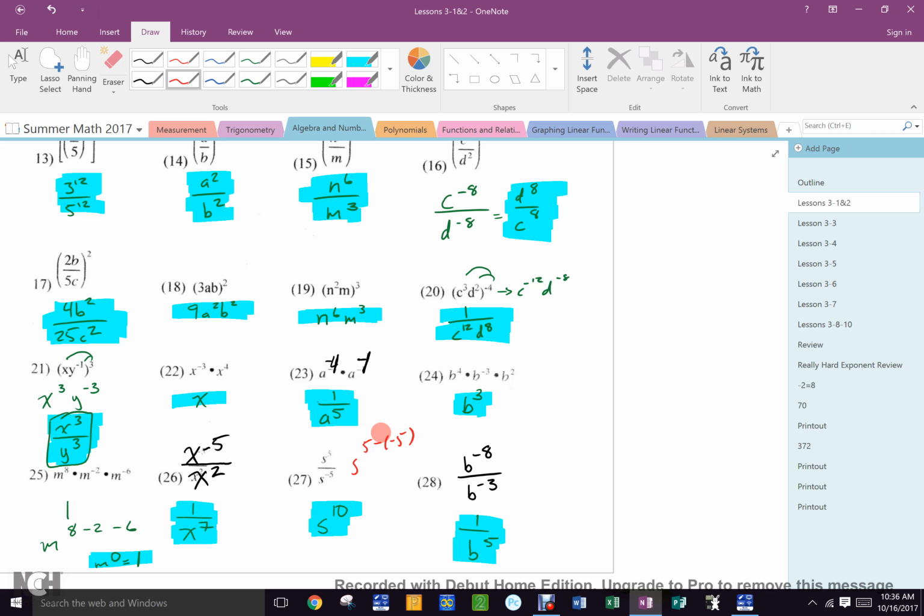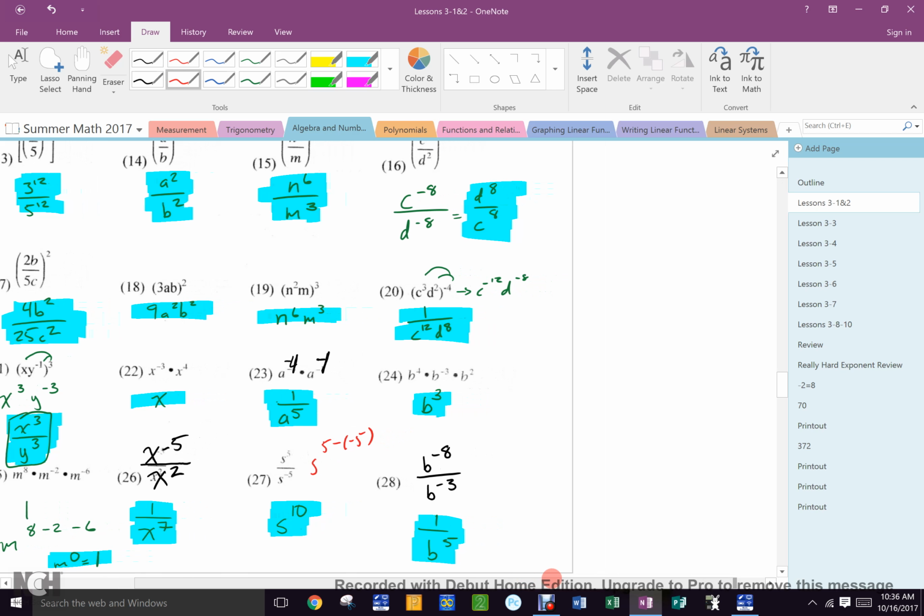But again, remember, if you know what is actually going on, then it's not a problem. This is s to the 5th over s to the -5, right? Are -5s allowed as an exponent? No. So where should that -5 go? It should reciprocate, right? So when it reciprocates, it comes up to there and becomes positive, doesn't it?